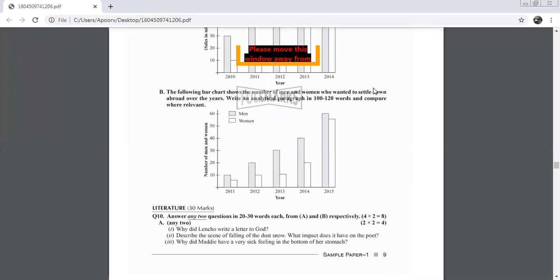Ma'am, this graph is showing comparison between man and woman who wanted to settle down abroad over the years.